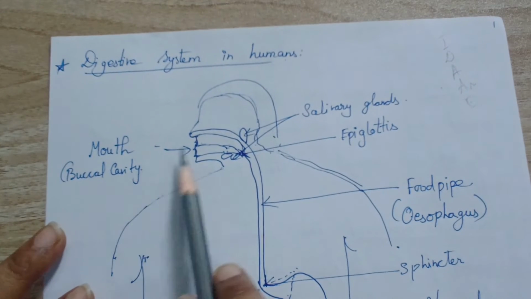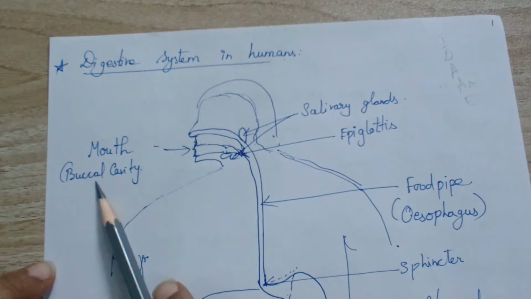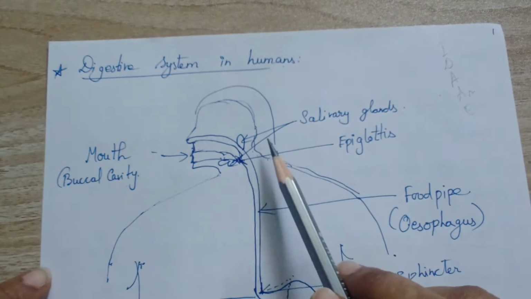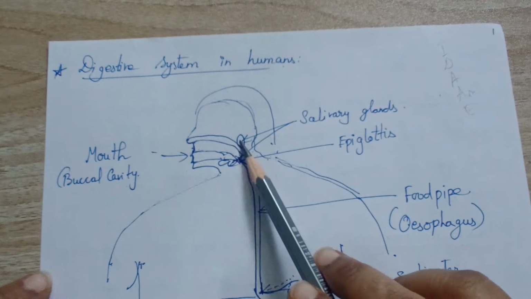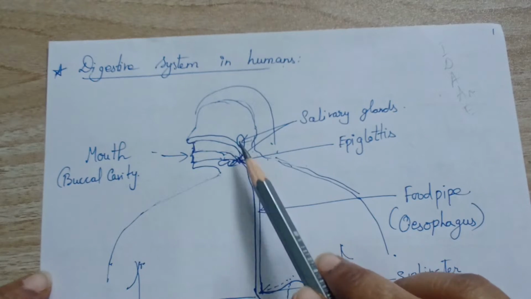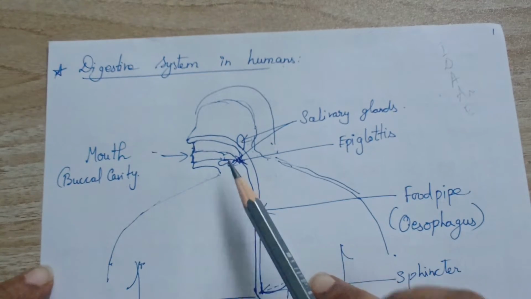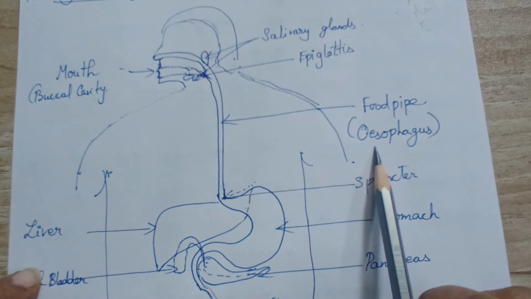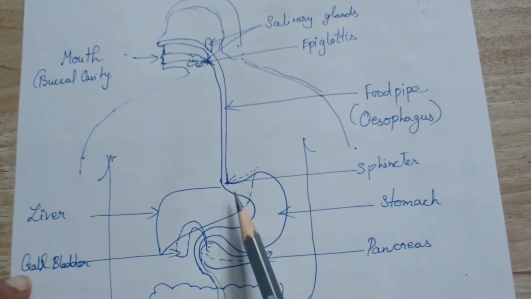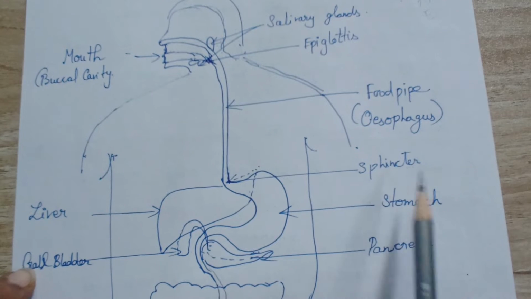So this is the mouth. It is also called the buccal cavity, and you will have glands here. Glands will be present above this food pipe and also below this. This food pipe is otherwise called the esophagus, and you have a sphincter arrangement here.